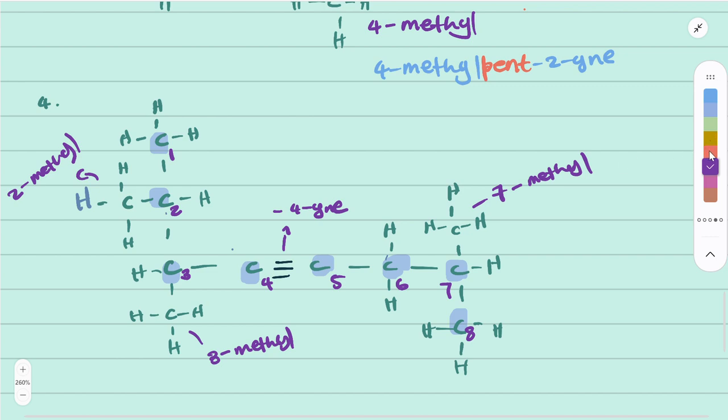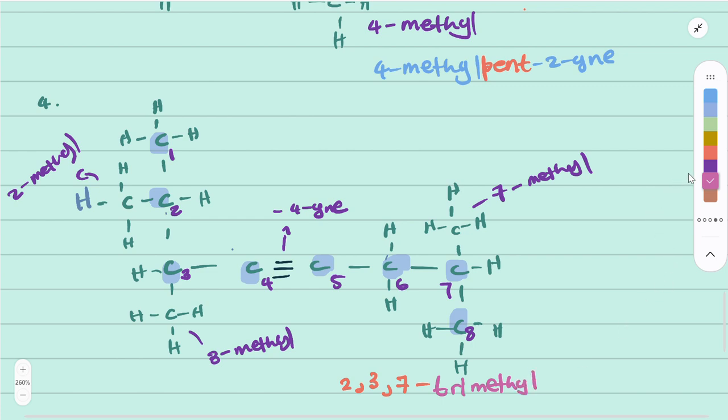And then now let us start naming. So we have a methyl on carbon number 2, carbon number 3, and carbon number 7. So now we are going to say it is 2, 3, 7 dash. How many methyls do we have? We have 3 methyls. So it's going to be trimethyl.